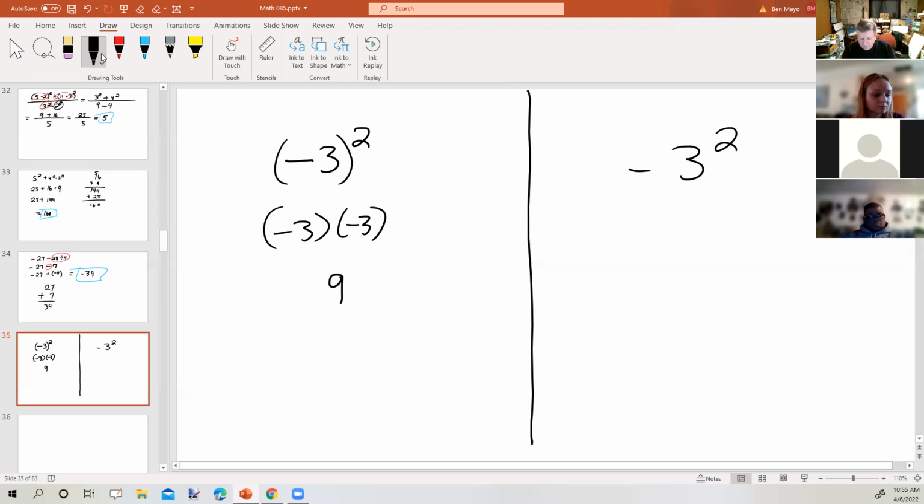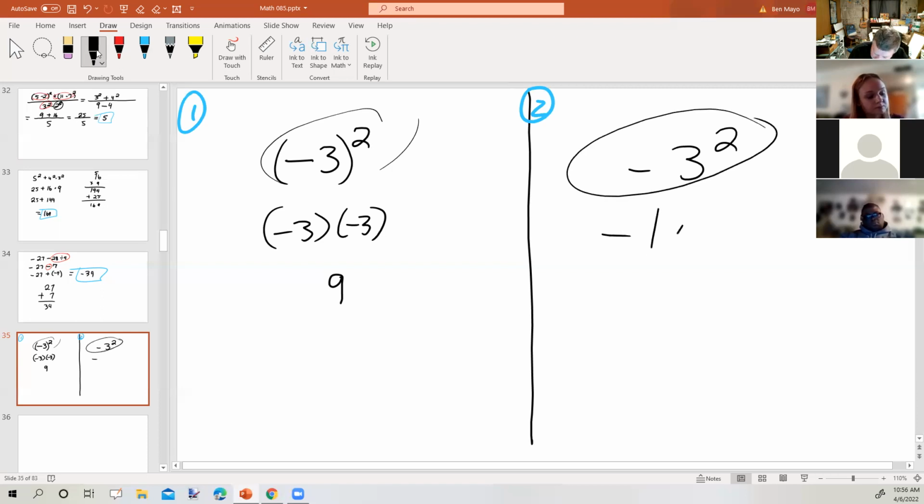Now, in the first example, the negative sign was inside the parentheses, so it was part of the base. In the second example, here, let's label these example 1 and example 2. In the second example, the negative sign is not part of the base. It is not captured inside the parentheses. So this is the same thing as saying -1 times 3 squared.